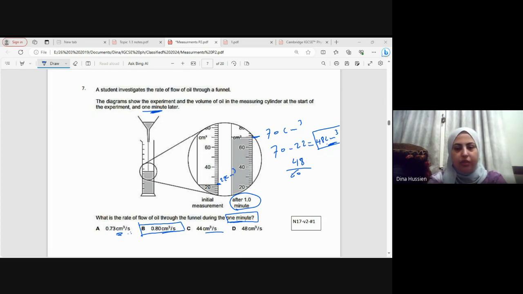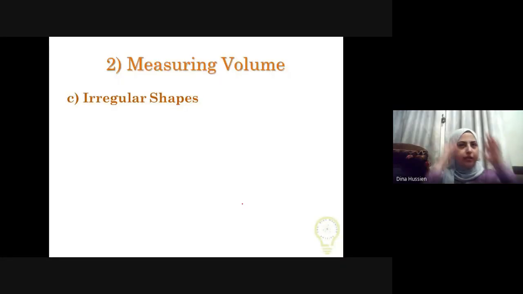So let's return to our slides again to continue working with volume. Here, what if we have an irregular shape? Let's recap together. We started talking about measuring volume. We said the volume is first determined according to the shape of the material and its type, meaning whether it's liquid, solid or gas.